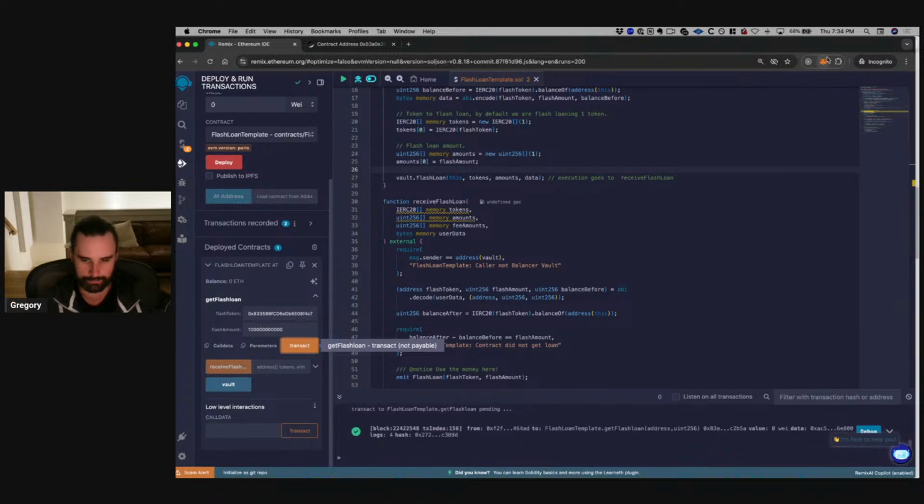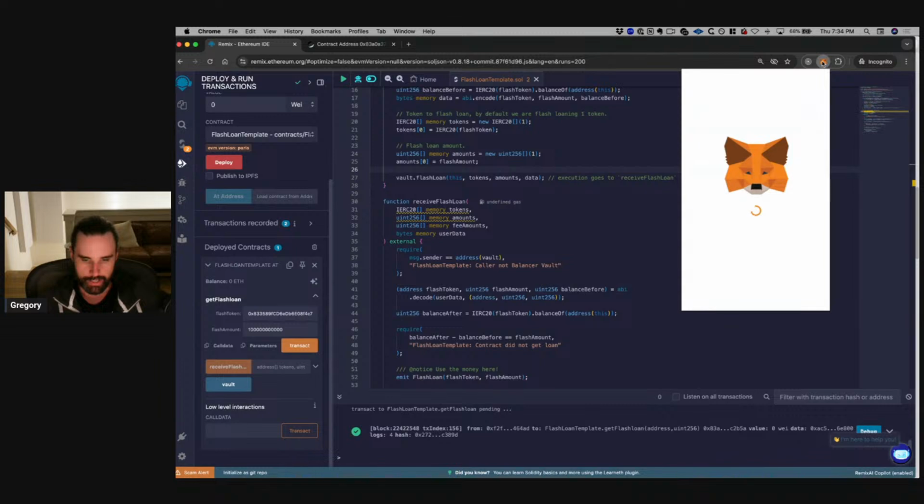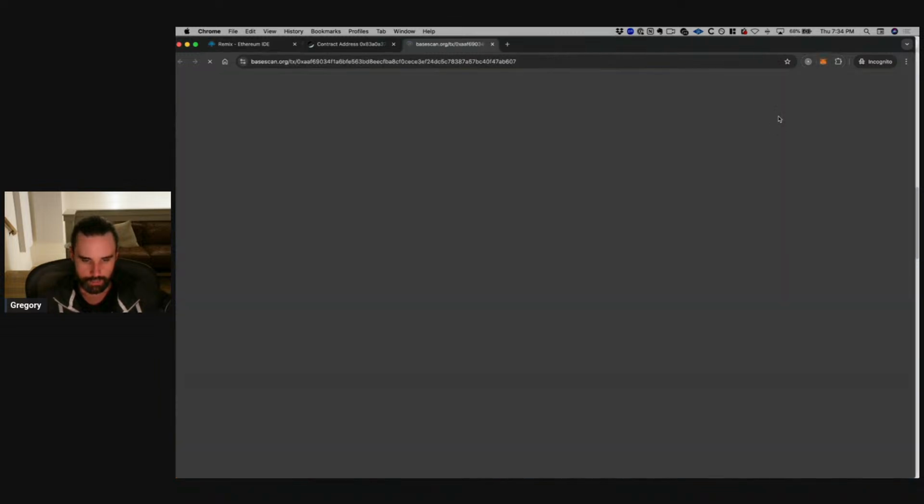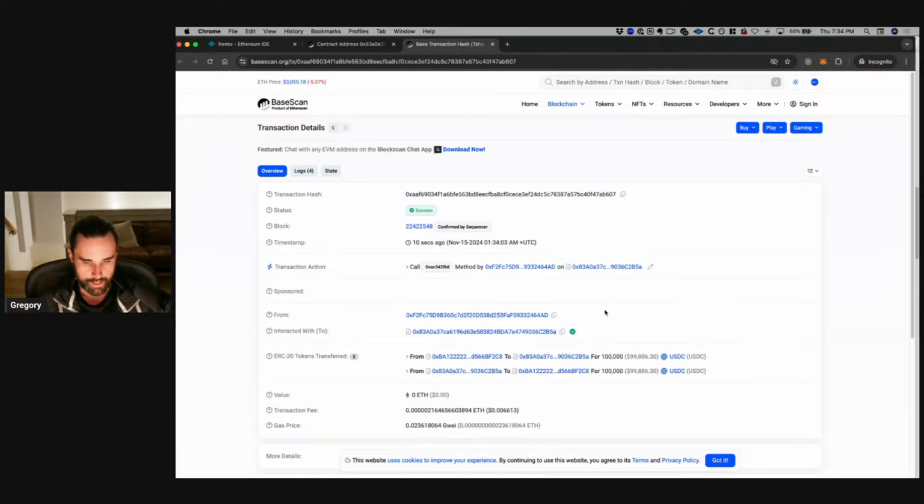And there we go. Open up our MetaMask. Click on Block Explorer. And boom, there we go. We just did a flash loan for $100,000 and we paid it back all in the same transaction.